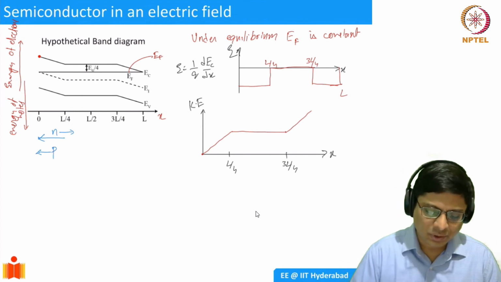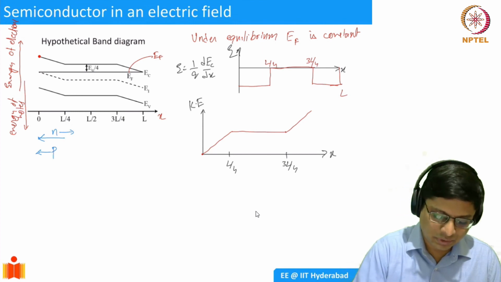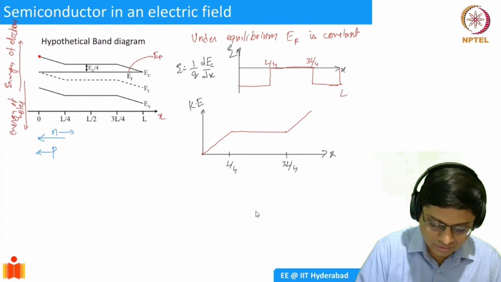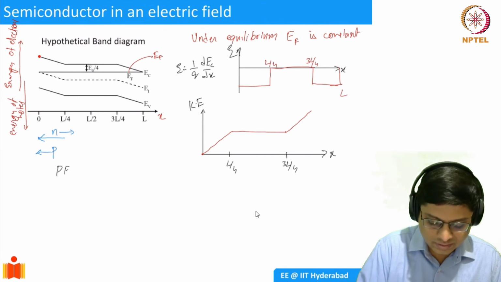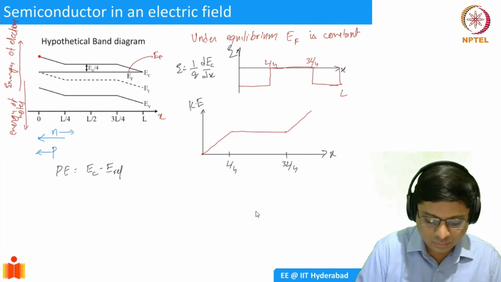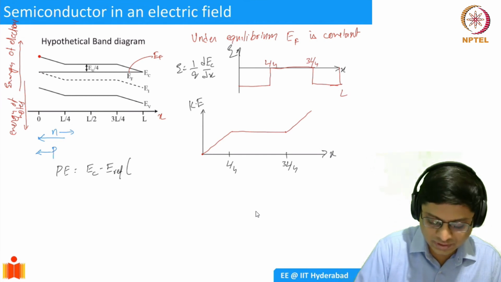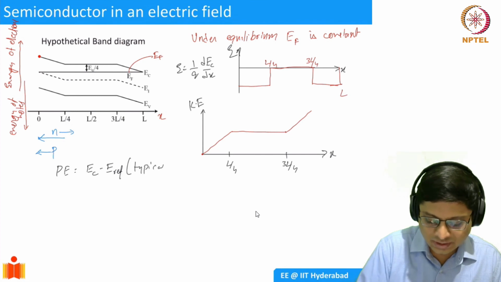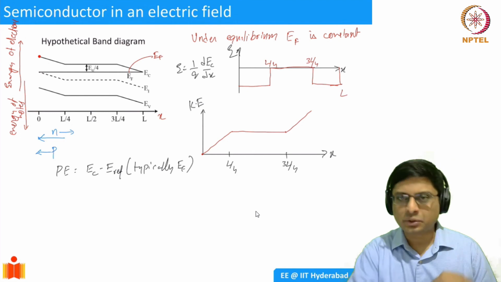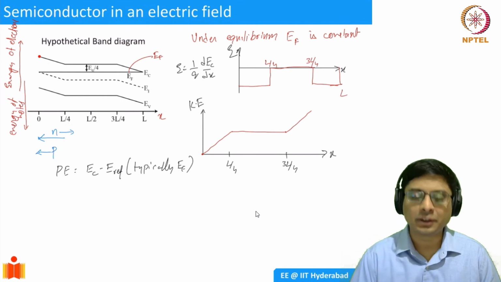So we define the potential energy of a carrier, let's say an electron, as PE equal to EC minus a reference. The reference level is a constant level. Typically, in our case, we can take it as EF. EF is an easy reference for us, because EF is going to be constant everywhere across the device in equilibrium.